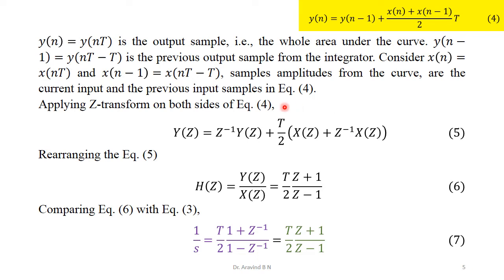Now make a rearrangement of this expression so that we can obtain h of z. We need all x of z terms on one side and y of z on the other side. So perform the cross multiplication, and we get y of z by x of z, which we can represent as h of z.